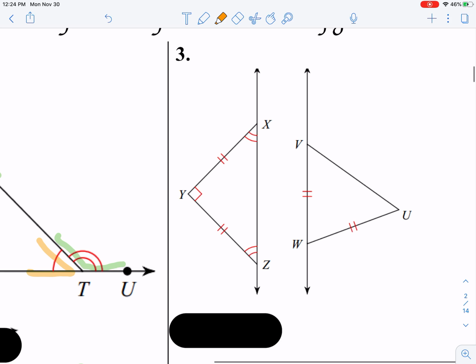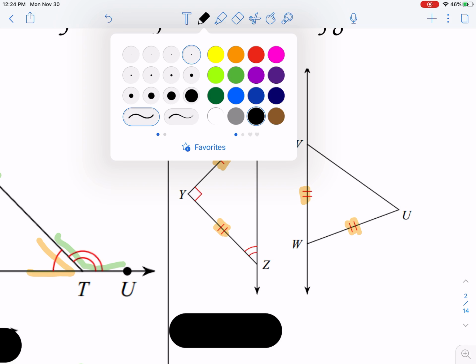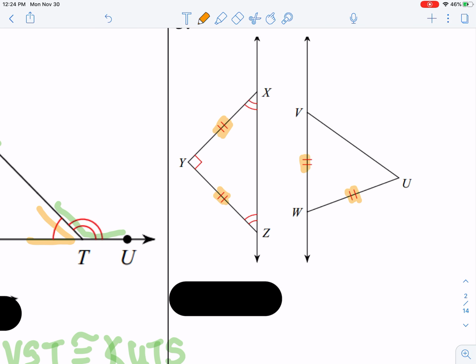And over here on the right, see I have two lines on the side, two lines on the side, two lines on the side, two lines on the side. So this gives me a whole lot of information. I can say that XY is congruent to YZ, is congruent to VW, is congruent to WU. Right, because they all have the same amount of marks.